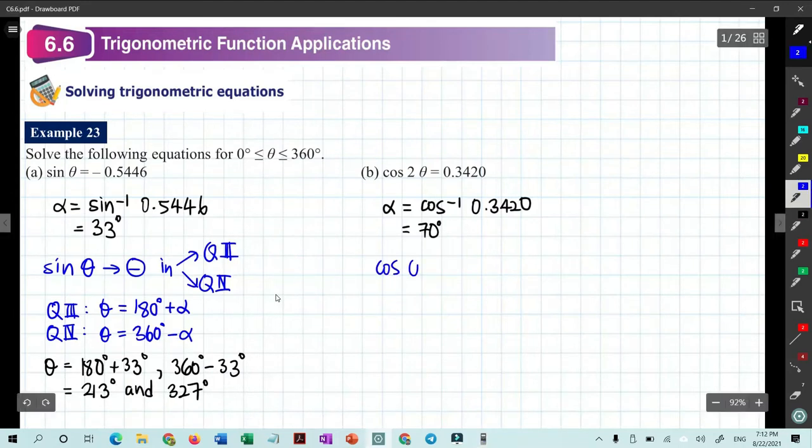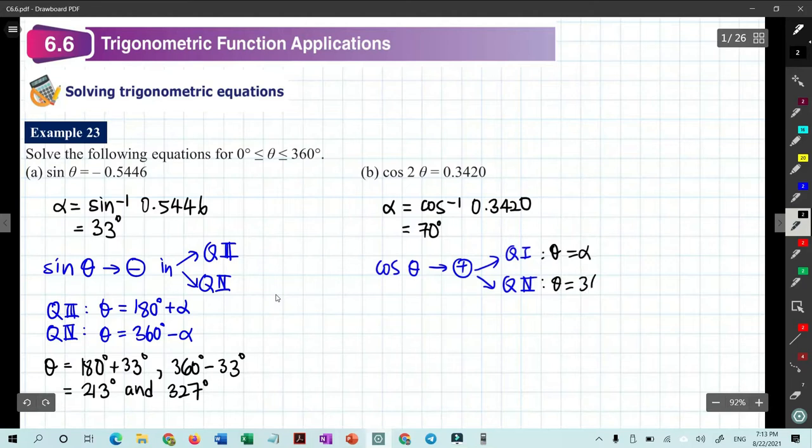Cos theta is positive in quadrant 1 and quadrant 4. In quadrant 1, theta is equal to alpha, and in quadrant 4, theta is equal to 360 minus alpha.